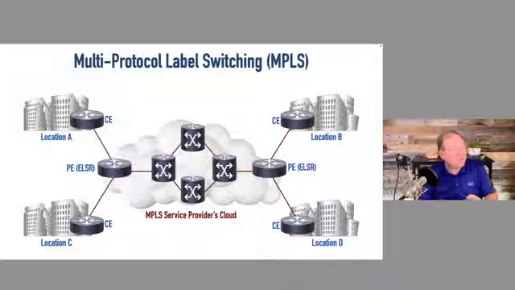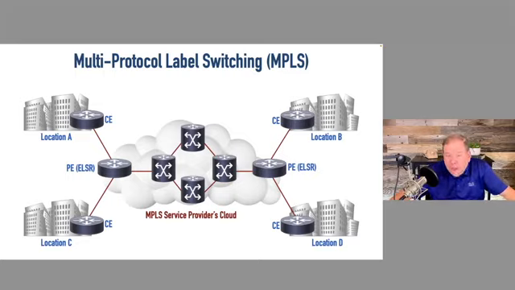So here's one of the coolest terms in all of networking. Gotta love this term. It's called a penultimate hop pop. Say that 5 times fast. It's called penultimate hop popping. Now, penultimate simply means next to last. So a penultimate hop is the next to last hop inside of this cloud.